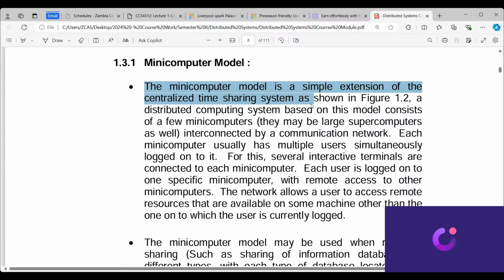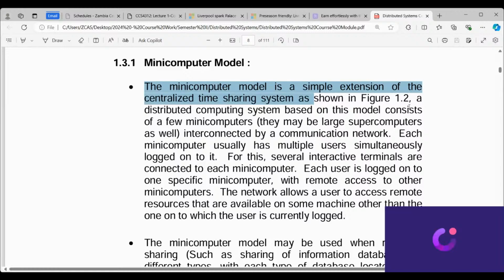It's a simple extension of the centralized time sharing model.